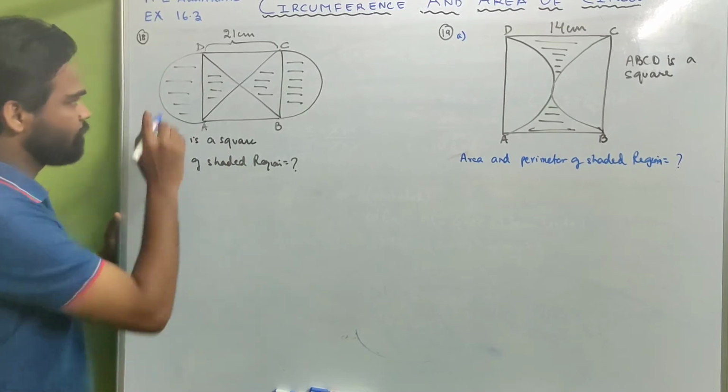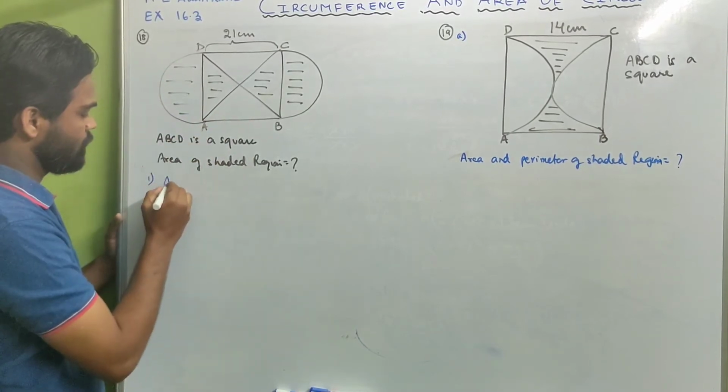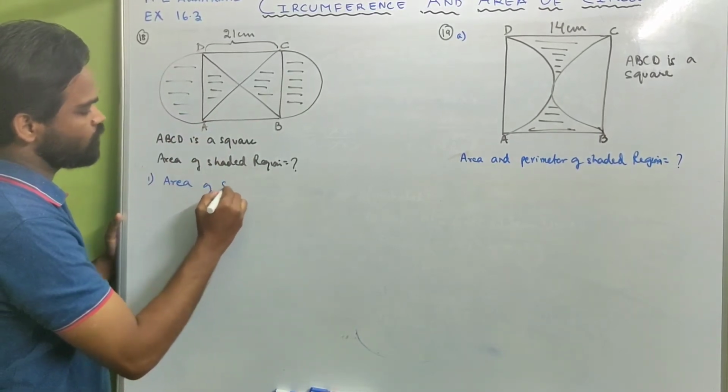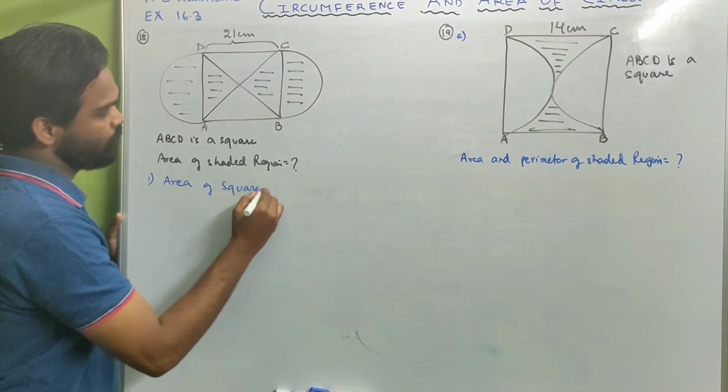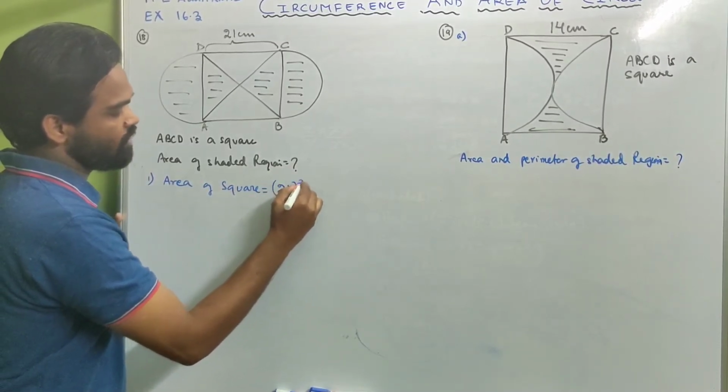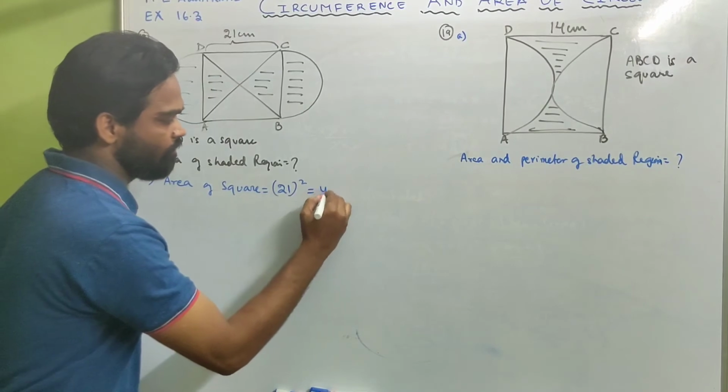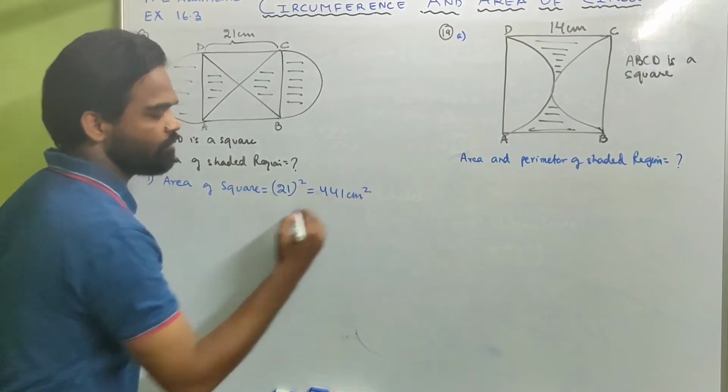First of all, look at the square. Area of square is 21 square, side square, which is 441 centimeter square.